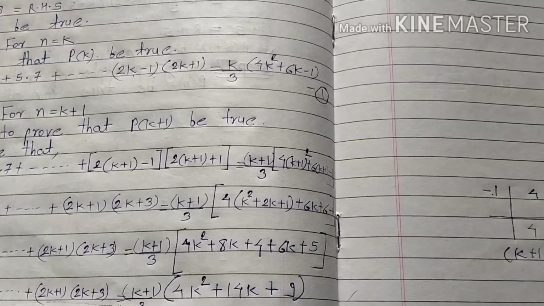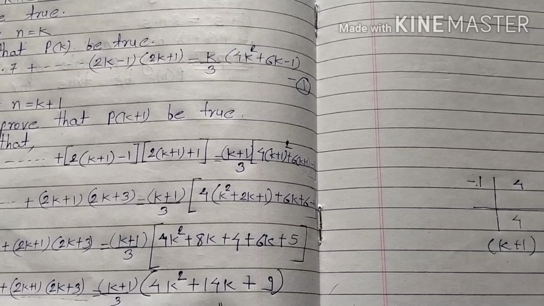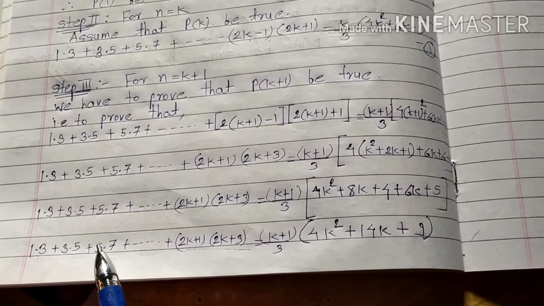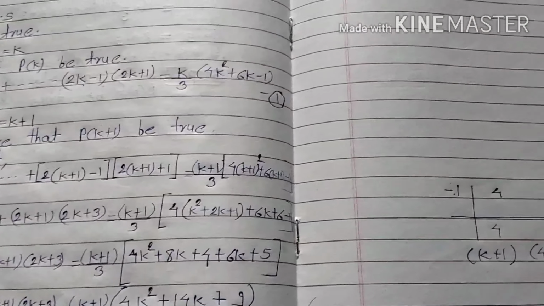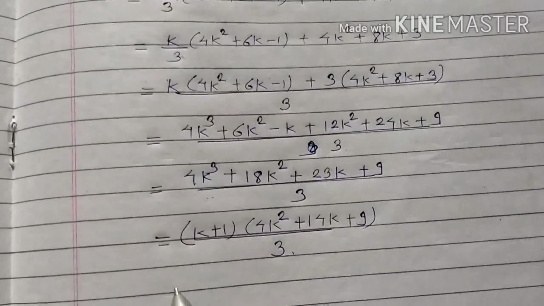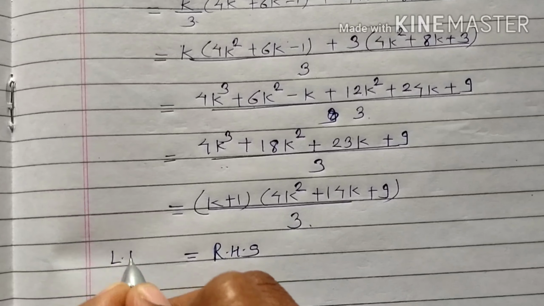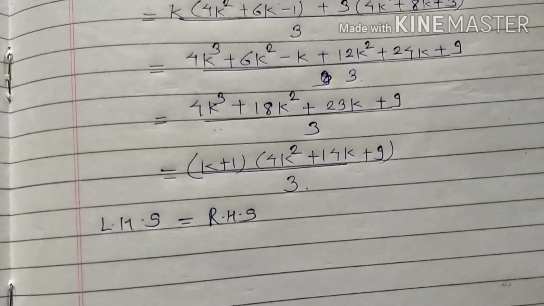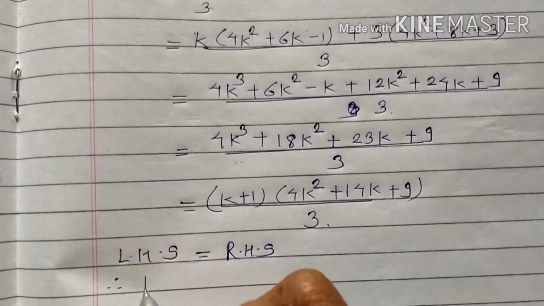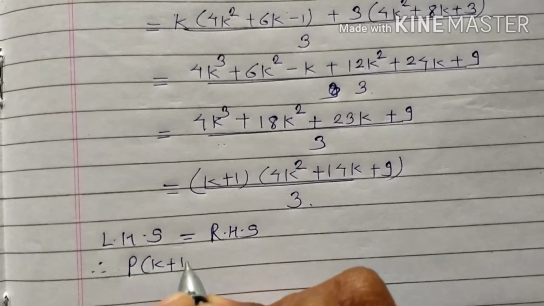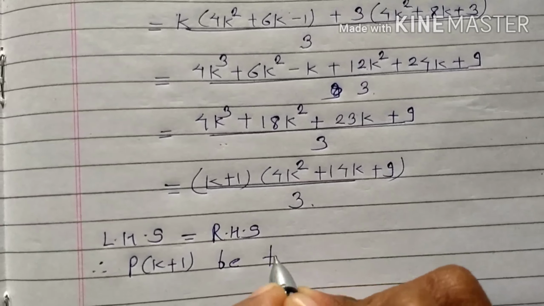So you can observe that this is our RHS, k plus 1, 4k square plus 14k plus 9 upon 3. This is our RHS. So here we are done. So write here, LHS equal to RHS, and therefore P of k plus 1 is true.